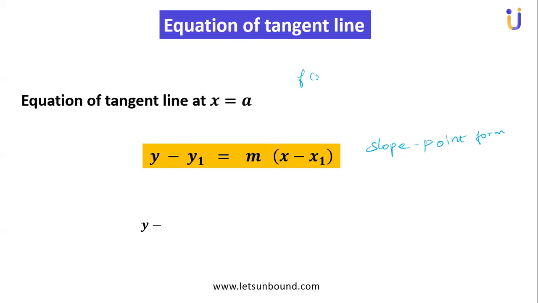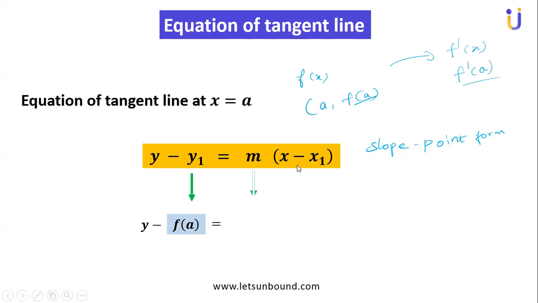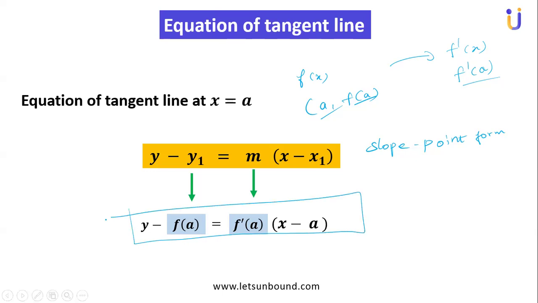So if your function is f of x, that point, the coordinate will be a comma f of a. y1 is that f of a. So slope is, how will you find slope of a function? You have to find derivative and then plug in whichever point you are calculating the slope. So f dash of a will be the slope expression and x minus which point we are solving, the x coordinate is a. This will give you equation of tangent line.